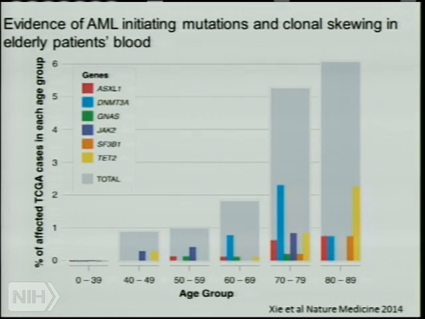And so what a number of people, Tim Ley and a number of other people, have done is start to say these landscape mutations are actually occurring first. So a couple of lines of evidence for that. One, in elderly patients who do not have AML, they find these landscape mutations, and they find clonal populations. So almost suggesting that if patients live long enough, they would get leukemia rising in those clonal populations that have these landscape mutations.